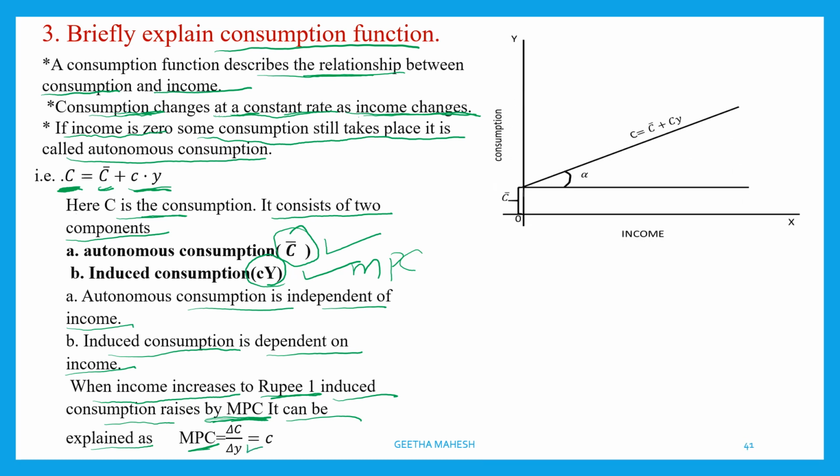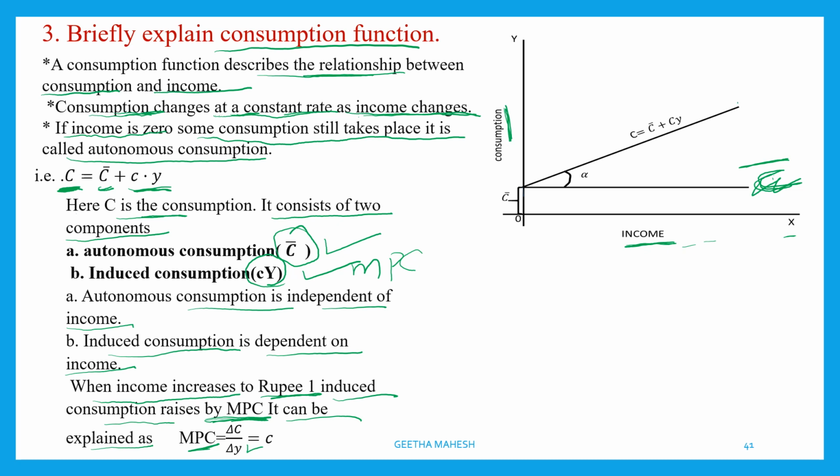You can see diagrammatically, on the x-axis income is measured, on the y-axis consumption is measured. This horizontal line you can see here, C̄, is the autonomous consumption. Whatever may be your level of income, consumption remains constant.